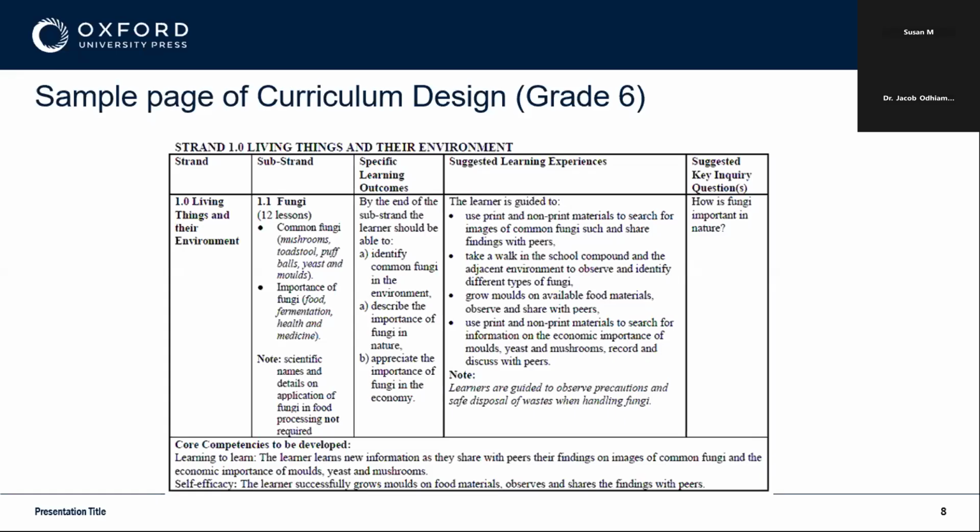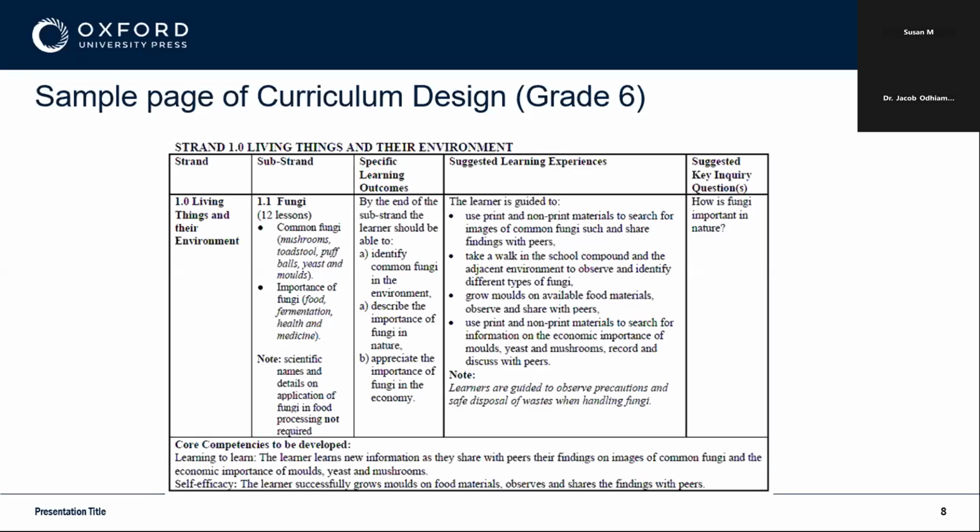For example, I've just mentioned one in grade 6, living things and the environment, where they're supposed to identify common fungi in the environment. So the science walk is to enable them identify common fungi in the environment. Maybe in a lesson, the teacher can say that for this science walk, they are just going to identify mushrooms, because the environment is varied. They are going to identify mushrooms, and then toadstools. So it has to be aligned to the learning outcomes.